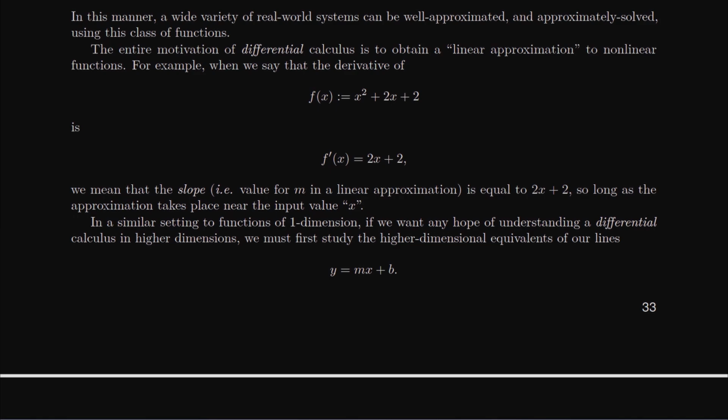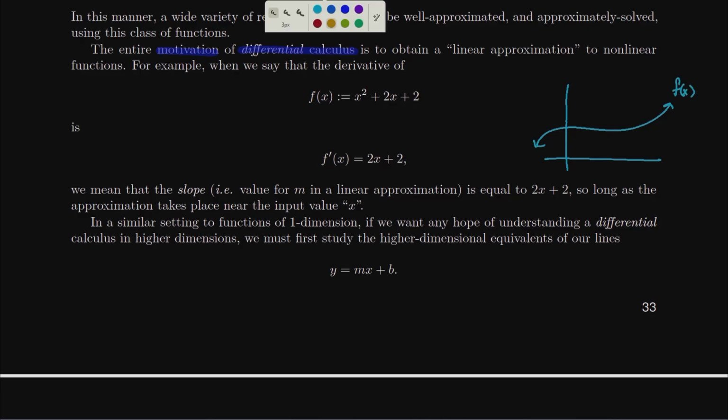Now I wanted to switch gears really quickly, very slightly, to recall the primary motivation of differential calculus. When we were originally learning about differential calculus, we've got some function here. And the entire point of the derivative was to establish a specific point on the function, call this point maybe x naught.